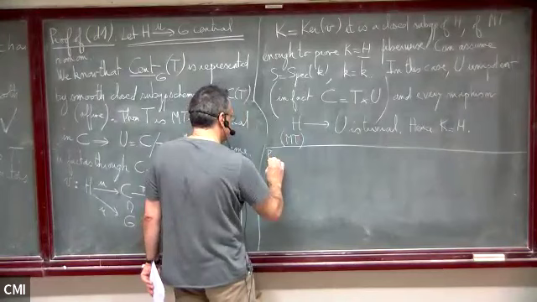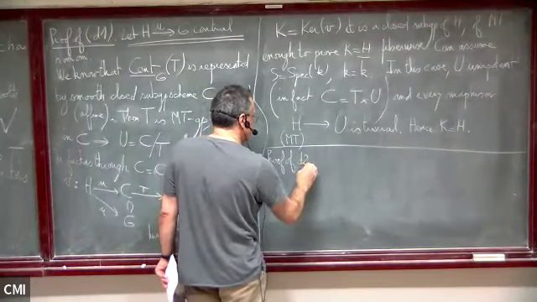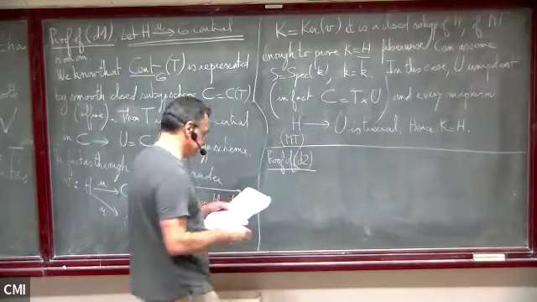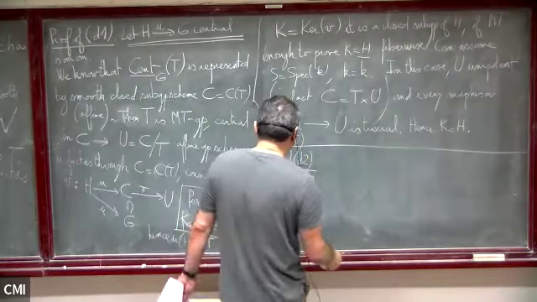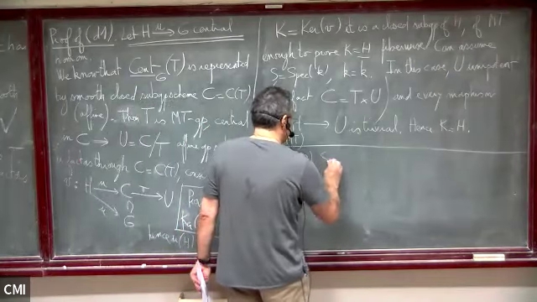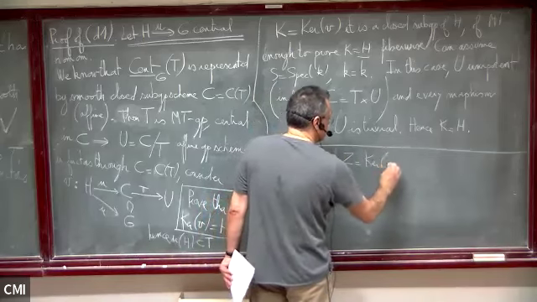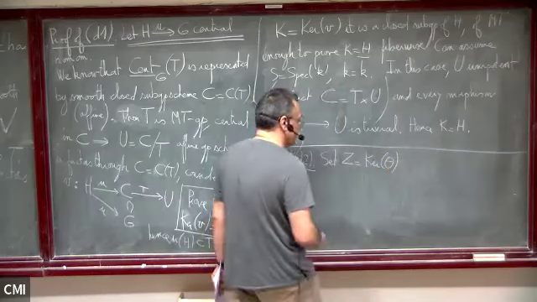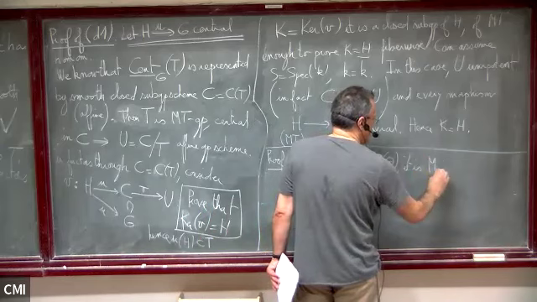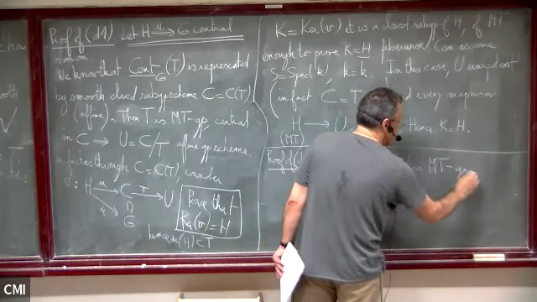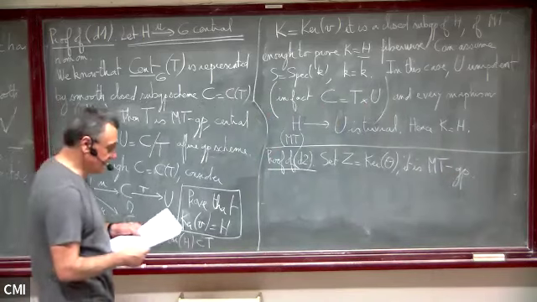Let us prove D2. So let's denote by Z the kernel of theta. So it is a closed subgroup of T, so it is a group of multiplicative type.